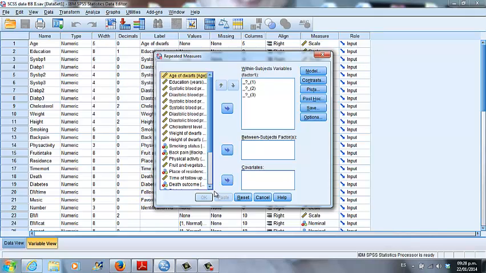First we'd like to move the variables of diastolic blood pressure months 1, 2 and 3 to the upper right window, and this we achieve by clicking first on diastolic blood pressure month 1, we click on the arrow, we click on diastolic blood pressure month 2, we click on the arrow, we click on diastolic blood pressure month 3, and we click on the arrow, and now we have told the system that the factors are diastolic blood pressure 1, diastolic blood pressure 2 and diastolic blood pressure 3.